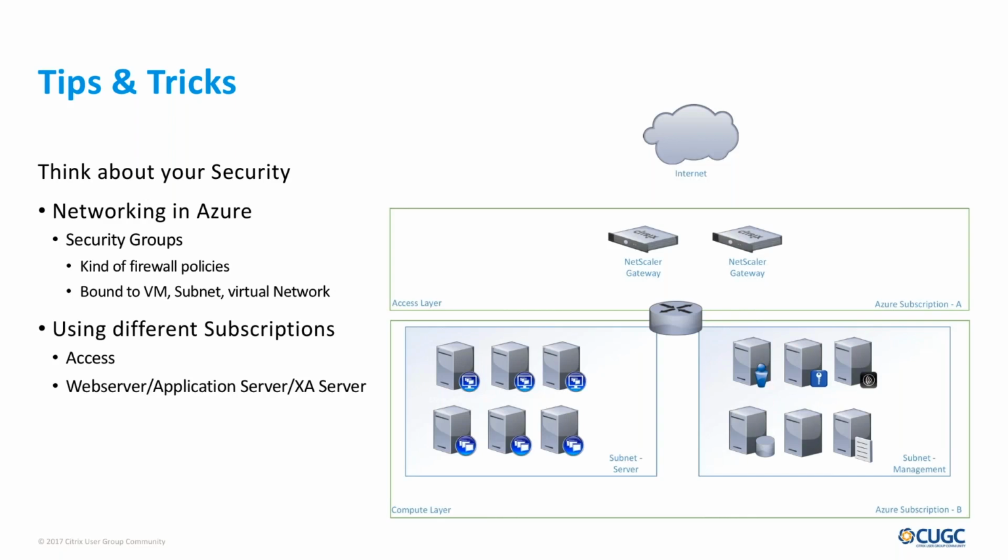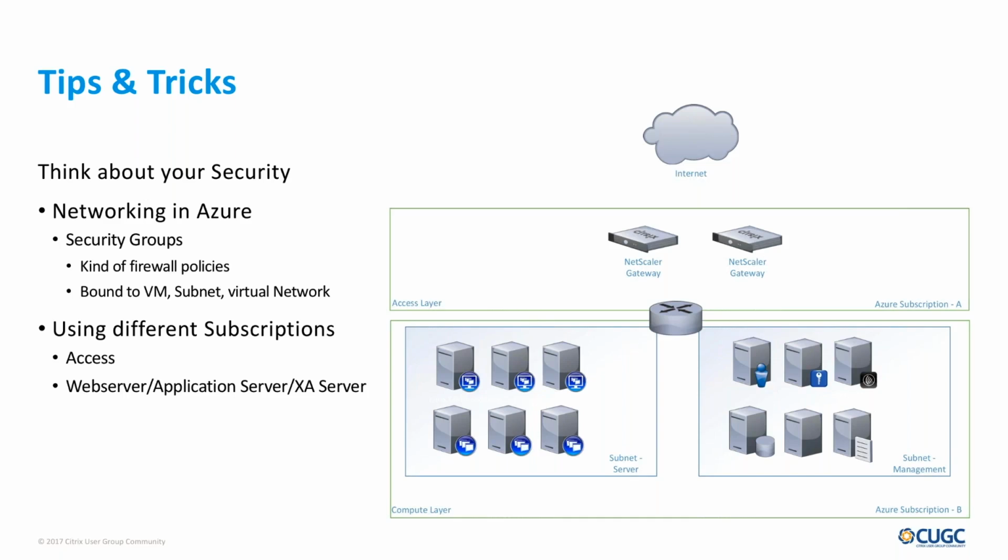Another point, if you are using high security environments, is to use different subscriptions to encapsulate your NetScalers in an access layer, which is a different subscription than your compute layer where the servers are placed. So your compute power cannot directly connect to the internet, and you don't make any failures if you configure subnet policies so that you are directly connected to the internet.